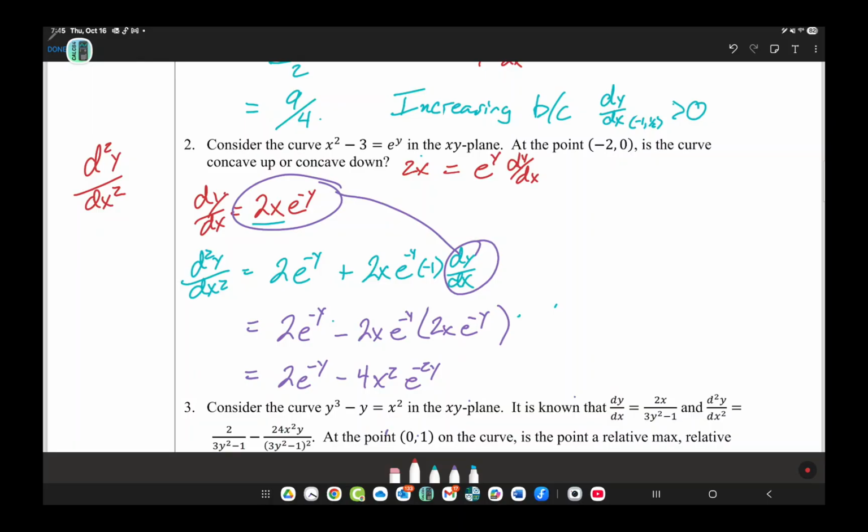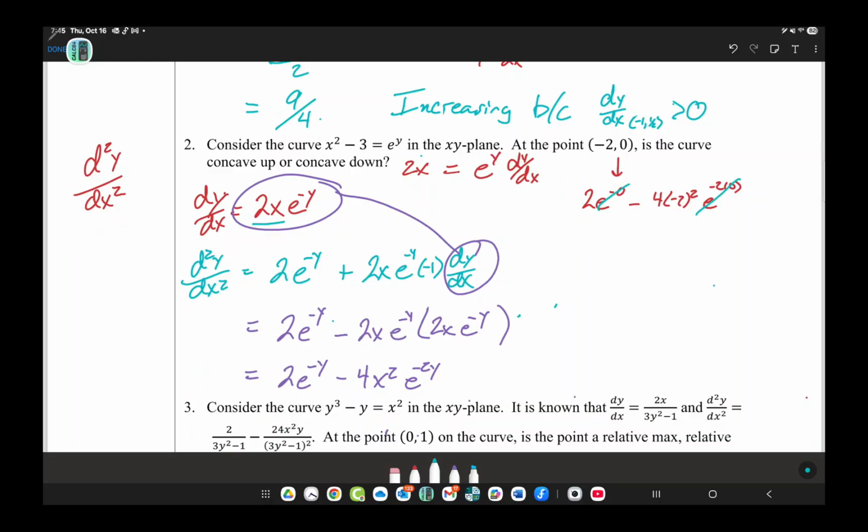Now all that's left is to plug in 0 for y and -2 for x. So plugging in, we get 2e to the negative 0 minus 4 times (-2) squared times e to the -2 times 0. Now, anything to the 0 power is just 1, so that's all just 1.